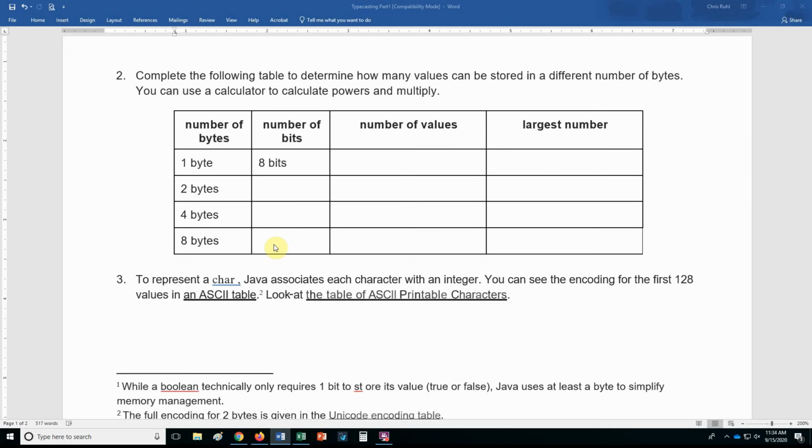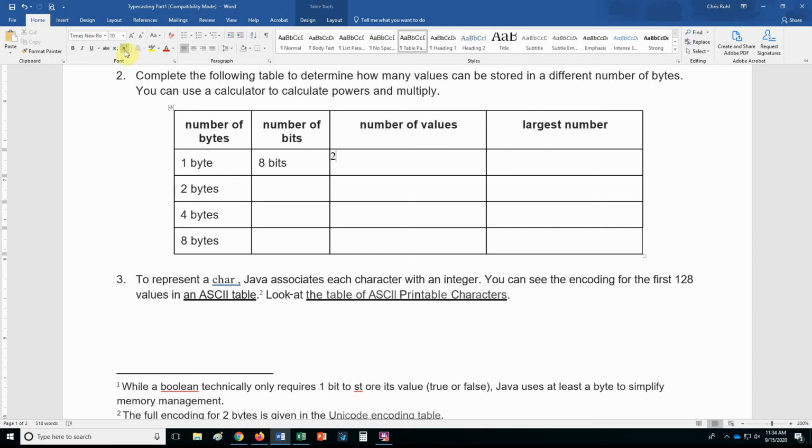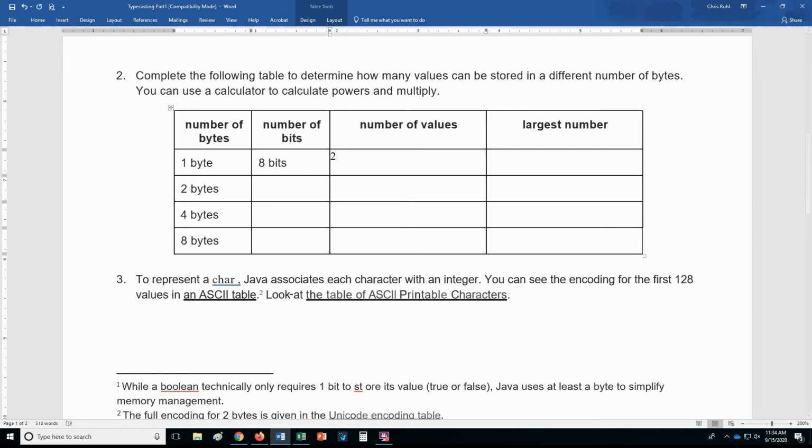Now what you can notice here is that each one of these bit numbers is the exponent for a base 2. So the number of values would be the number 2 to the 8th.